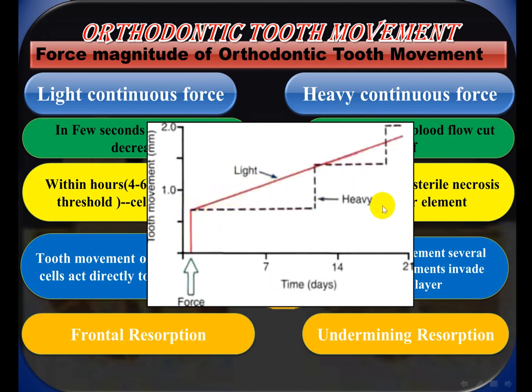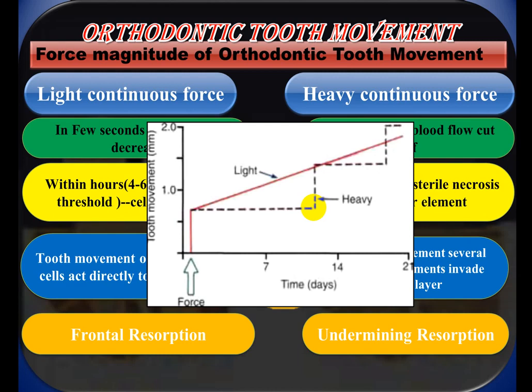While in the condition when we apply a heavy continuous force, the lag phase will continue, delayed for several days, and no tooth movement will occur. Why? As we explained previously, because of the undermining resorption.